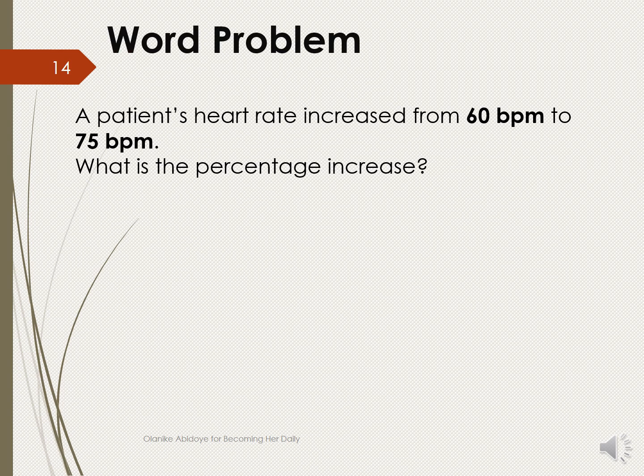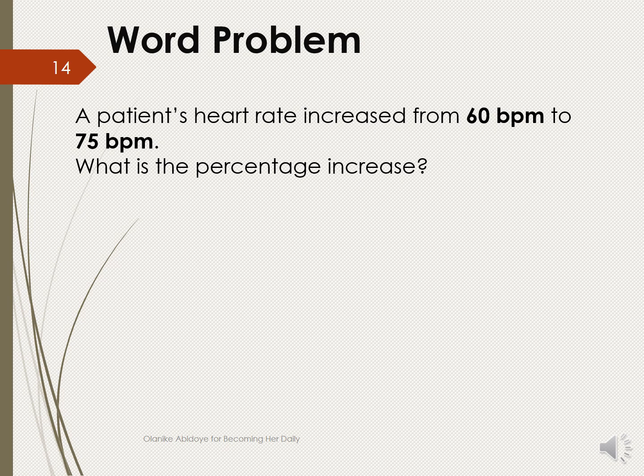And the next one is a patient's heart rate increased from 60 beats per minute to 75 beats per minute. What is the percentage increase? The first thing we need to find is the increase. We want to find the difference between 75 and 60, which is 75 minus 60, and that gives us 15.